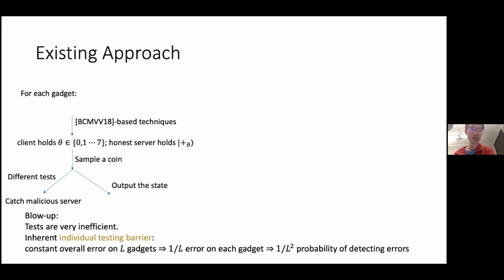If we want the overall error of these L gadgets to be a constant, that means on average, each gadget could only have inverse L error. Since the probability of detecting errors is the square of the norm, that implies for each gadget there's an inverse quadratic lower bound on the probability of detecting cheating behaviors with these tests.